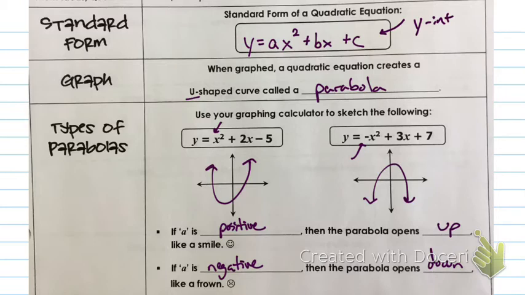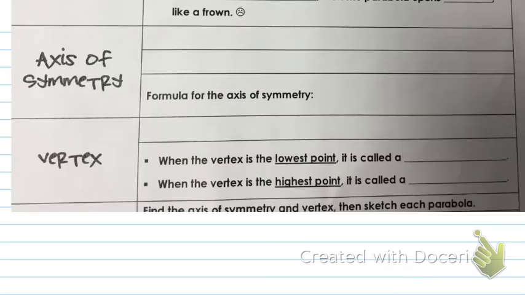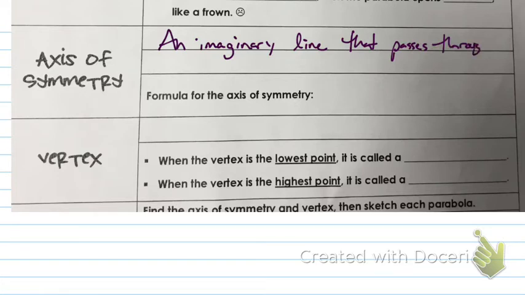So the axis of symmetry is an imaginary line that passes through the vertex of a parabola.